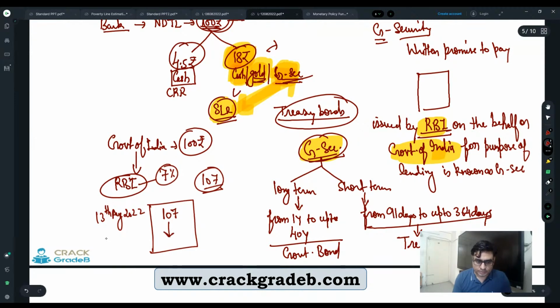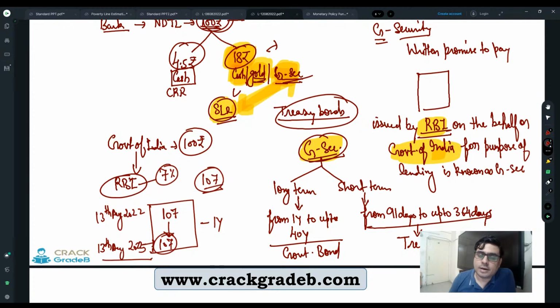Suppose, just for your understanding, the maturity period of this paper is 1 year. After 1 year, on 13th August 2023, RBI promises to repay how much? 107.